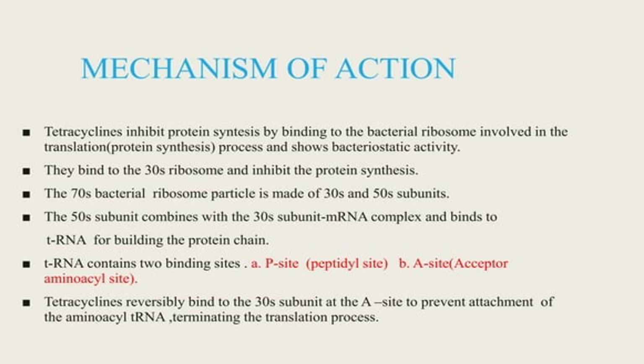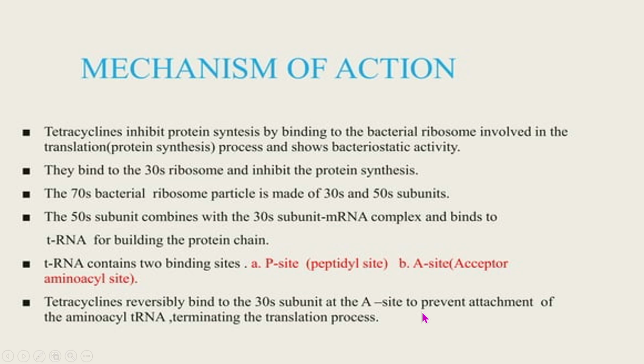Now, we all know that tRNA contains the binding sequence, that is codon and anticodon. This ribosome has the presence of a P site and an A site. The P site is the peptidyl site, where the amino acid chain is present, and the A site is the acceptor aminoacyl site.